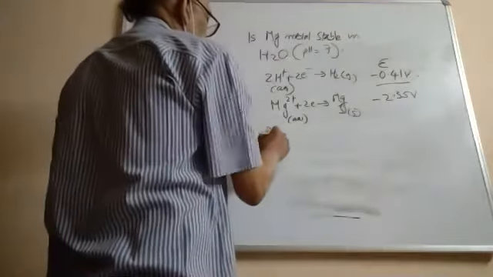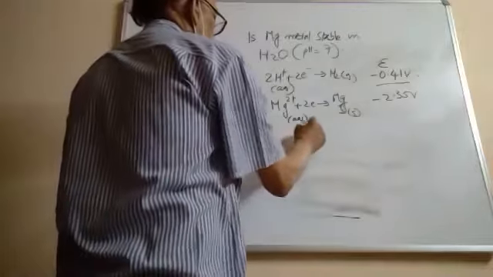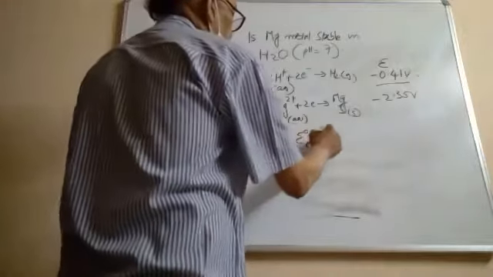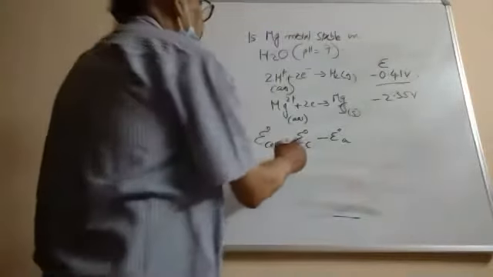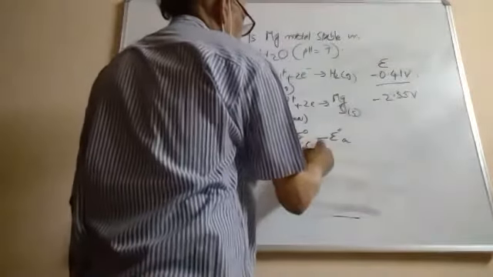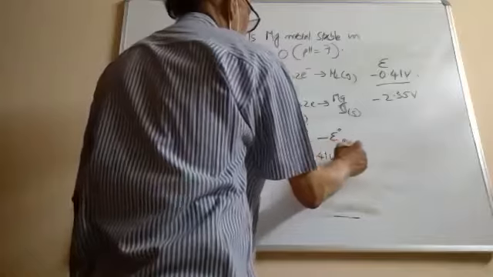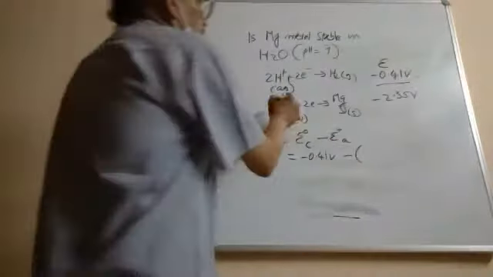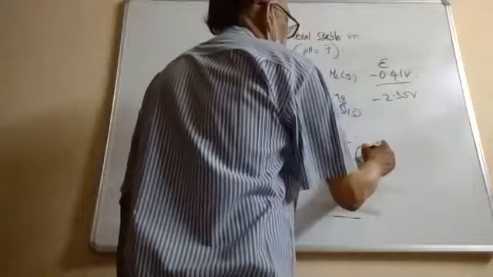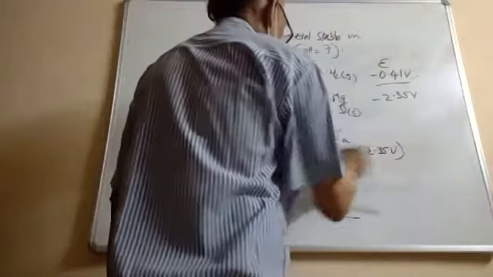To do this, we need to again write this out. The cathodic, which is the reduction part, minus the anodic, which is the oxidation part. So specifically, we are now looking at the reduction, that is negative 0.41 volts, minus the anodic potential, which is the oxidation of magnesium, which is negative 2.35 volts.